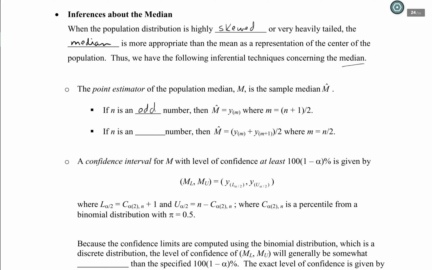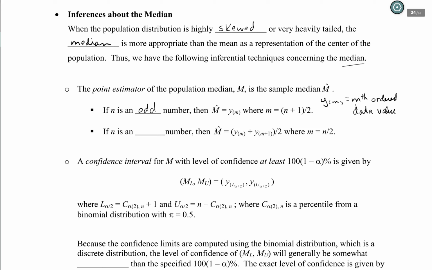That's special notation: y sub (m) is the mth ordered data value. The subscript tells me where it is relative to the rest of the data.